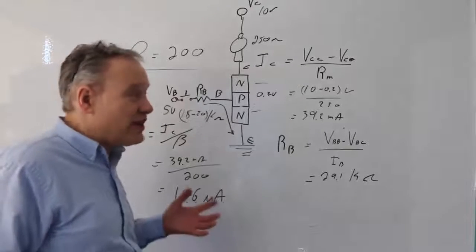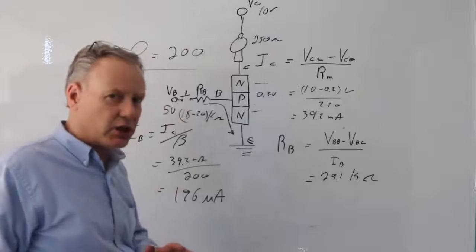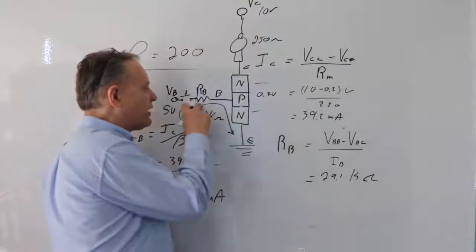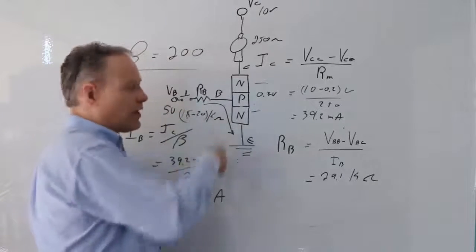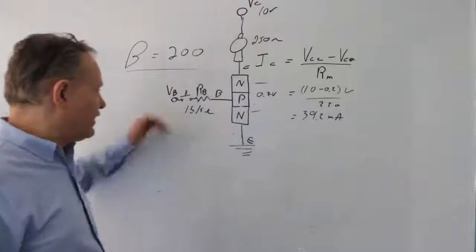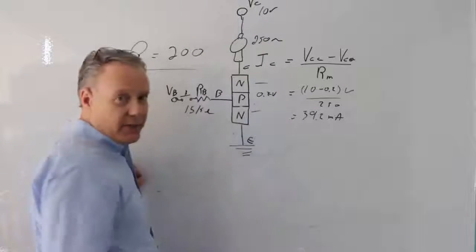So let's actually recalculate just to make sure that if I were to put a 20 kilo ohm resistor in there or a 15 kilo ohm resistor in there, I would have enough current. Okay, now I got a 15 kilo ohm resistor there. I want to calculate the base current.